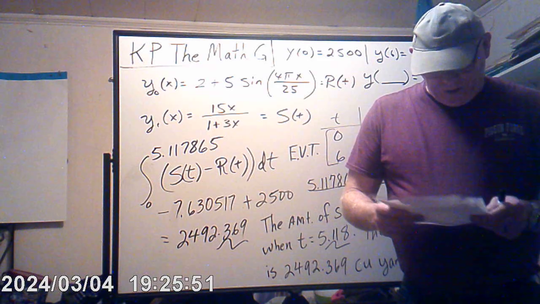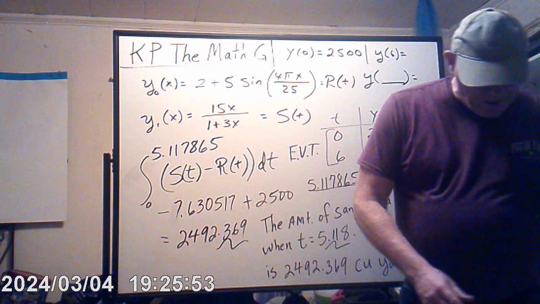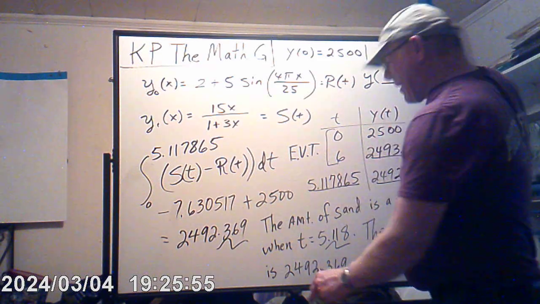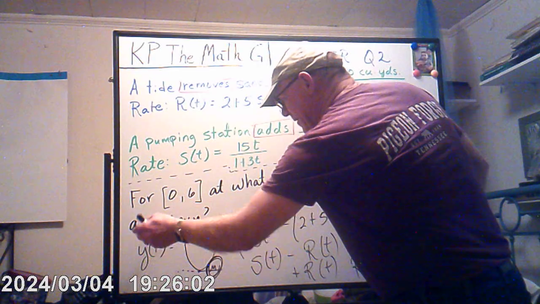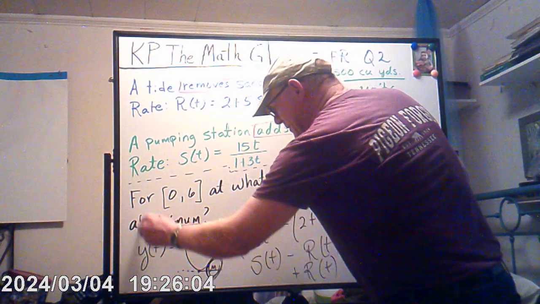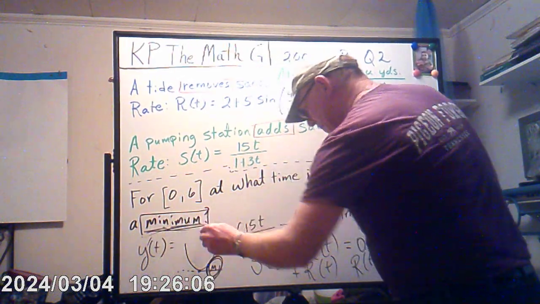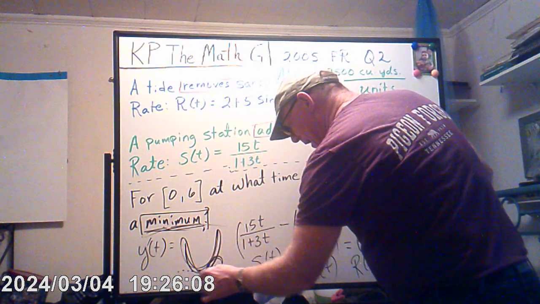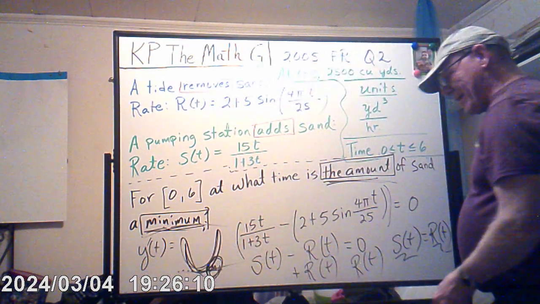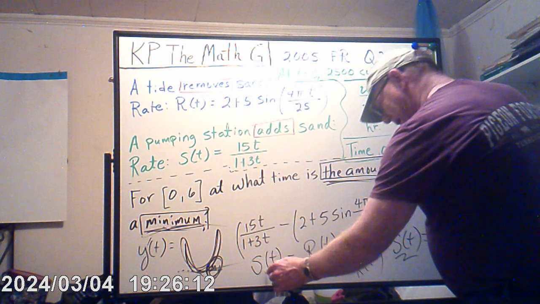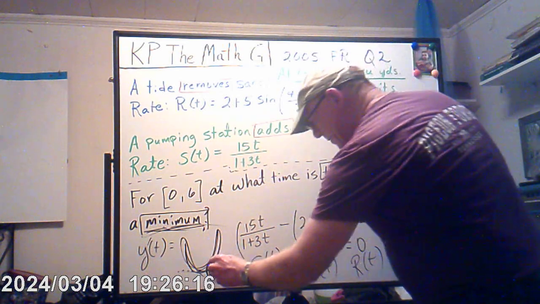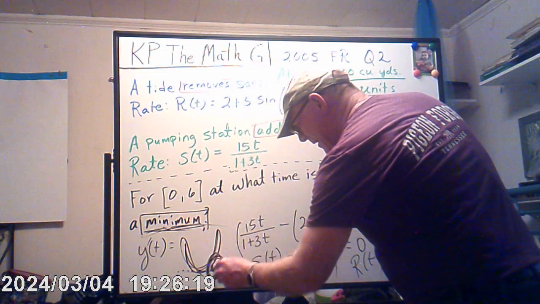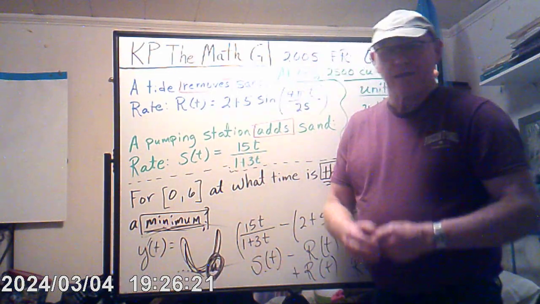So a lot of things you had to do is, when you see the word minimum, you have to take y prime at t. You got to take that derivative, and that's when s at t minus r at t is equal to 0, because the slope of the tangent line is equal to 0 there.